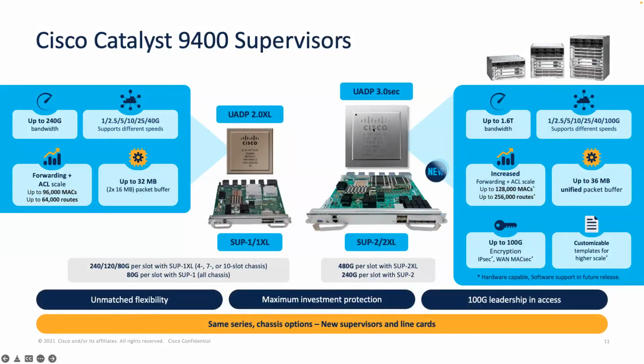And the second generation, which is also called the X series, consists of the Super 2 and the Super 2 XL, which are equipped with the UADP 3.0 stack ASIC. The Super 1 engine supports up to 80 gigabit LAN rate forwarding per slot, and the second generation provides up to 480 gigabit capacity per slot.